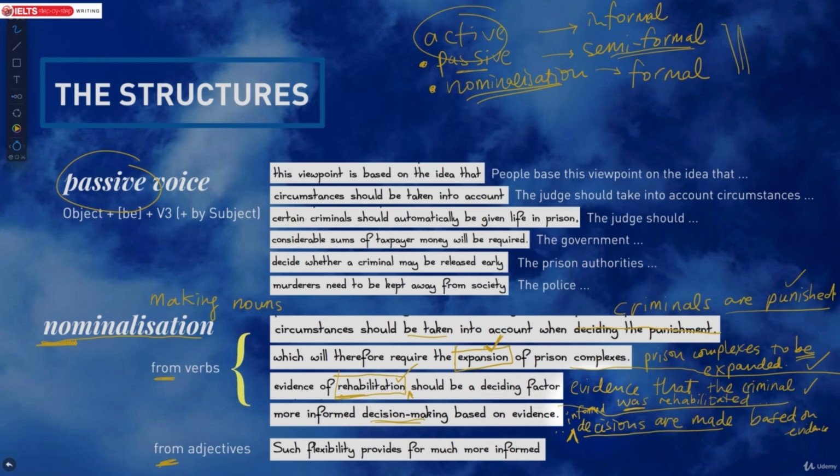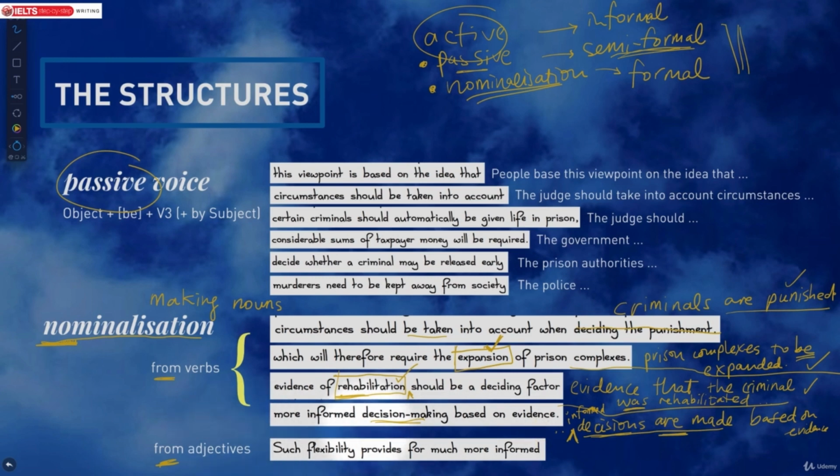Informed means full of knowledge, based on knowledge and evidence. So informed decisions are made based on evidence. More informed decisions are made based on evidence. Okay, there we go, passive voice. Again, semi-formal. And the word decision by itself is, of course, also a type of nominalization.